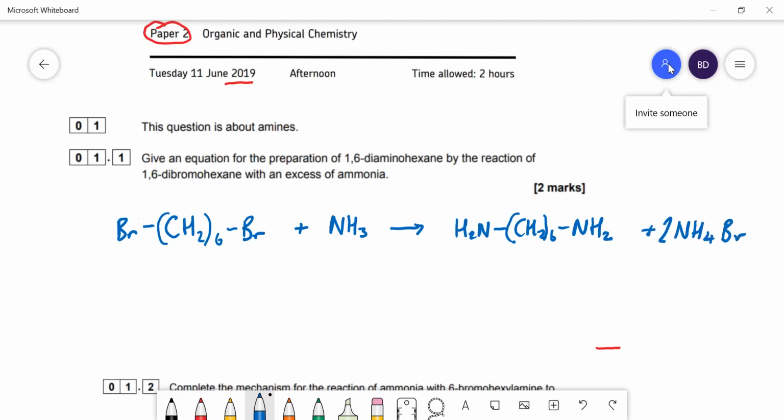We're going to have 2 of those. So that means to balance that, we are going to need 4 ammonias. In this here, the extra hydrogen comes off the hydrogen there, and the bromines come from the 2 bromines on the haloalkane. Okay.